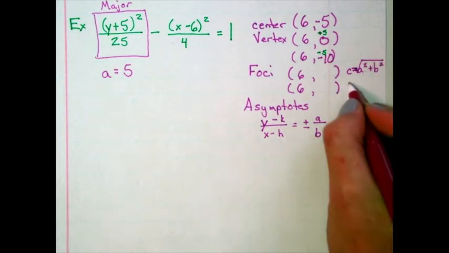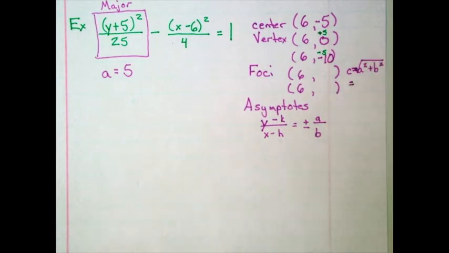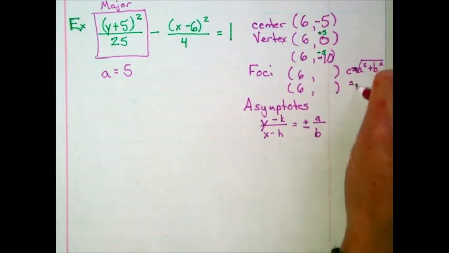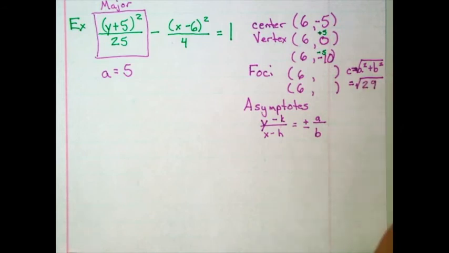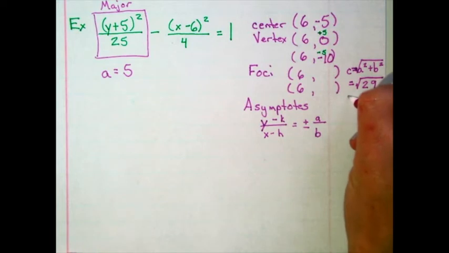We have to find c in order to find the focus point. So a squared plus b squared, this time we're going to have the square root of 25 plus 4, which is the square root of 29. Now again, this is just going to be an approximation, so it's going to be about 5.4.